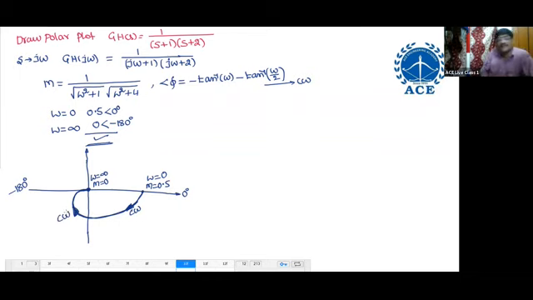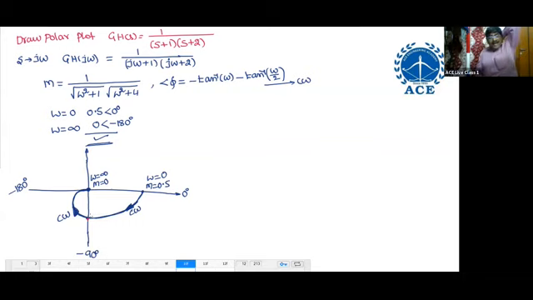This is the polar plot. Starting at 0 degrees, magnitude 0.5, ending at minus 180, magnitude 0. And here they are asking questions like the intersection point with minus 90. What is the magnitude? What is the phase angle?